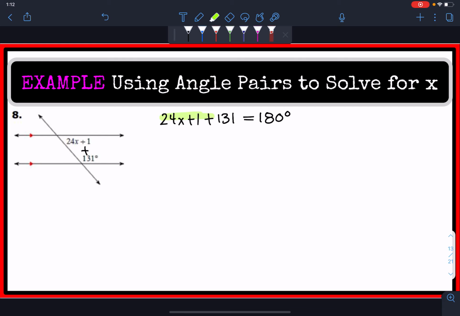Before we start doing letters to the left and numbers to the right, let's simplify by adding the 1 and the 131. So that's going to equal 132. So 24x plus 132 is equal to 180.